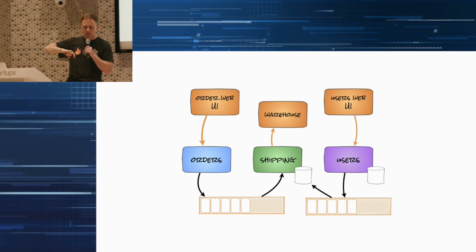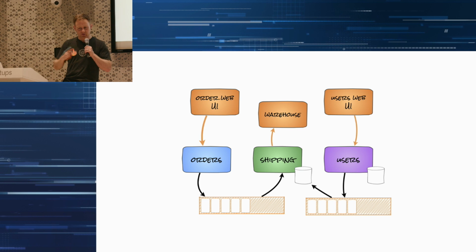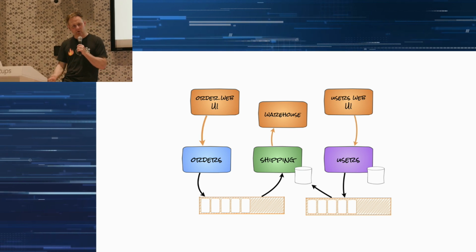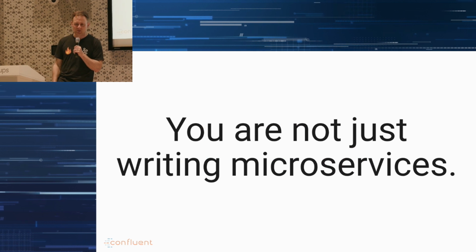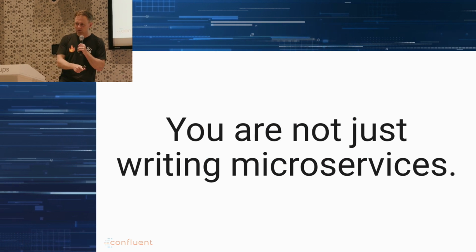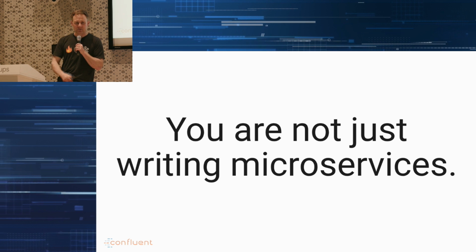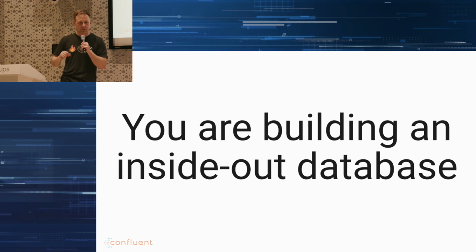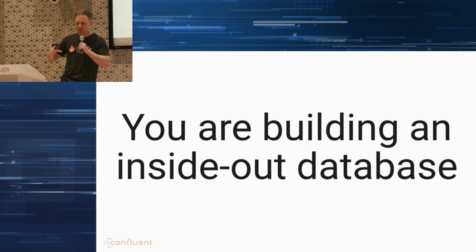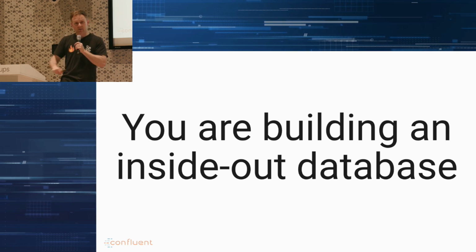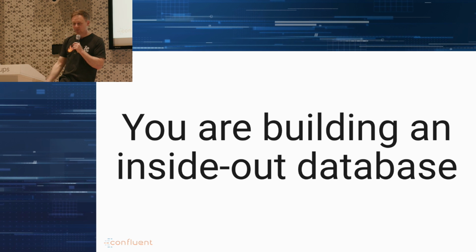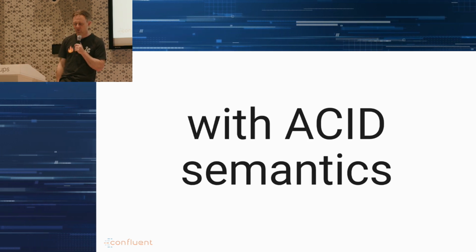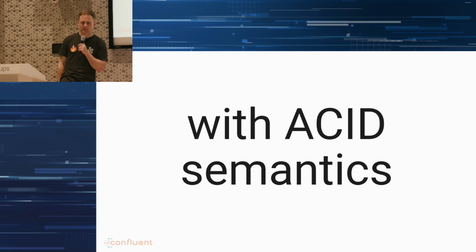So this whole idea of building systems on top of Kafka with ACID transactional properties gets at, I think, a deeper architectural principle, which is that when we build microservices on top of Kafka, it's not just microservices. It's like a database turned inside out. It's not one big system that talks to a database. The system itself is a database. And now we know it also has ACID transactional semantics, which is pretty cool.